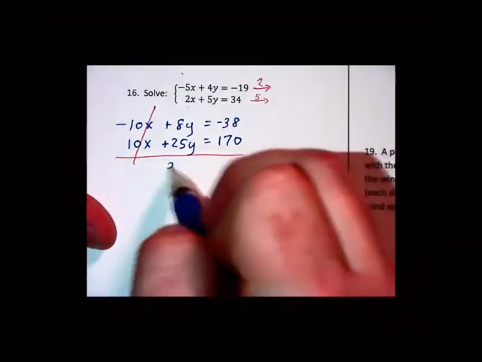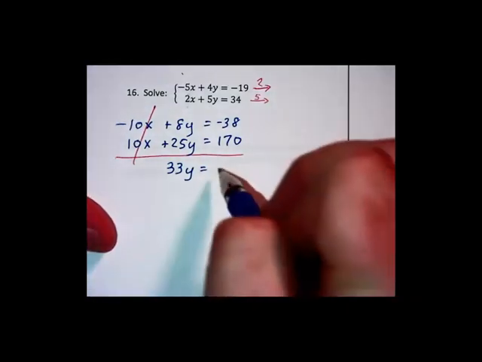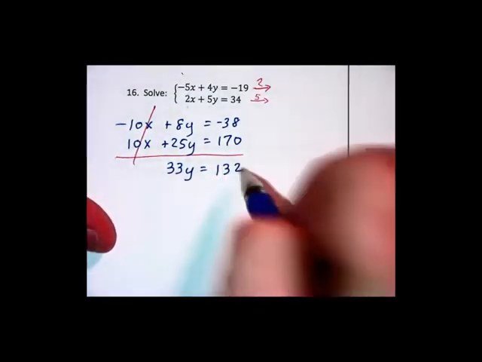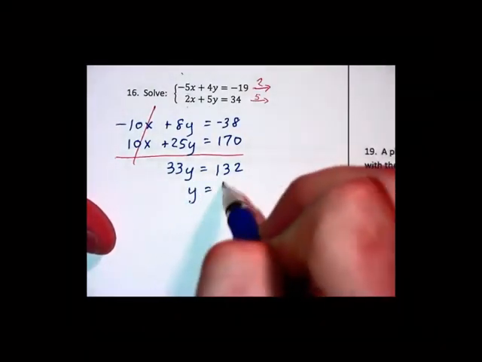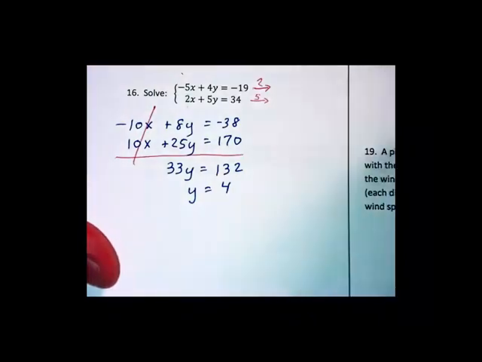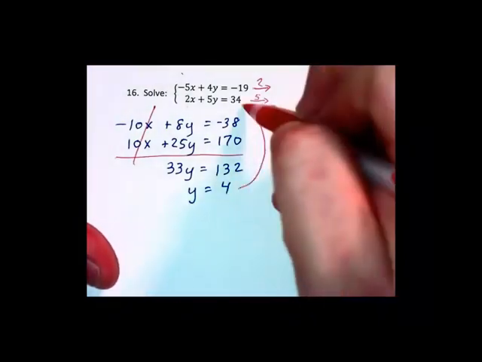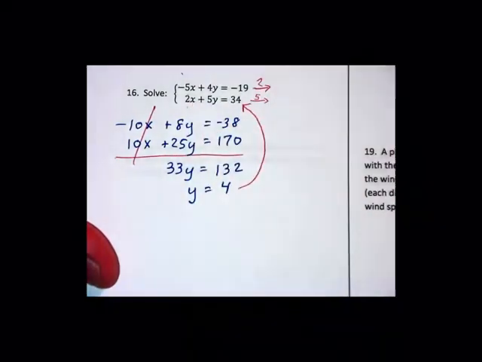Adding down, these 10x's are going to cancel out by design. We're going to have 33y on the left equals 132. And it turns out when you divide by 33, that goes in perfectly 4 times. Now we need to find an x value to go along with it. I think this second equation is the one to substitute into because there's only a 2 in front of our x.